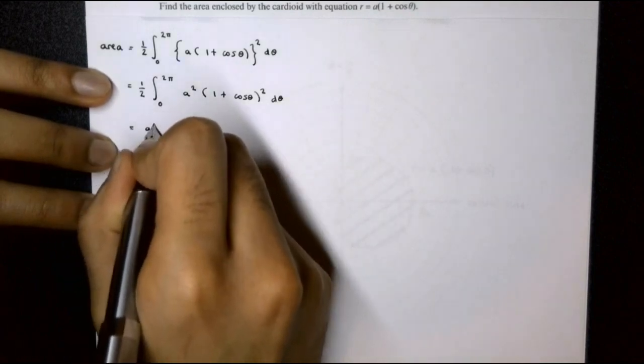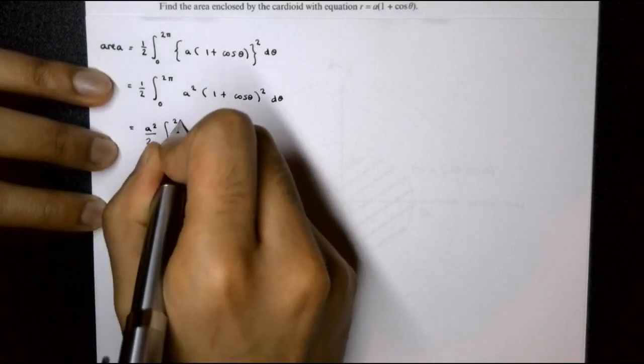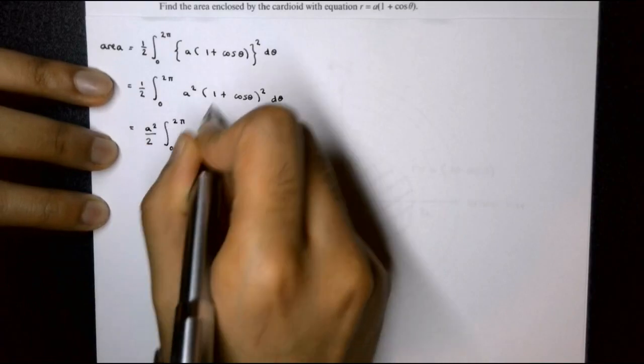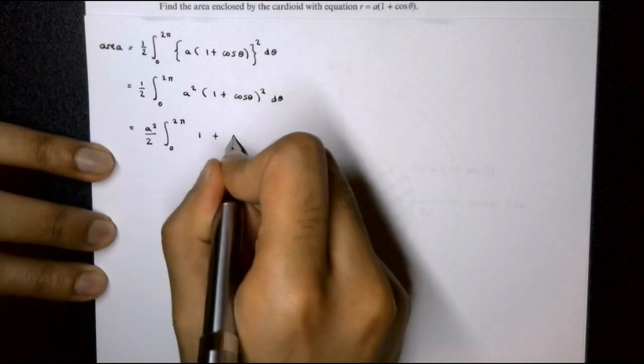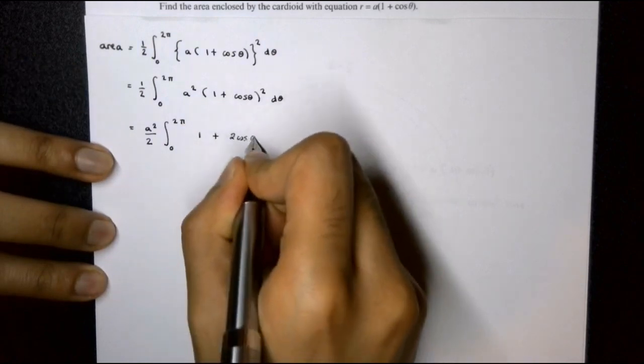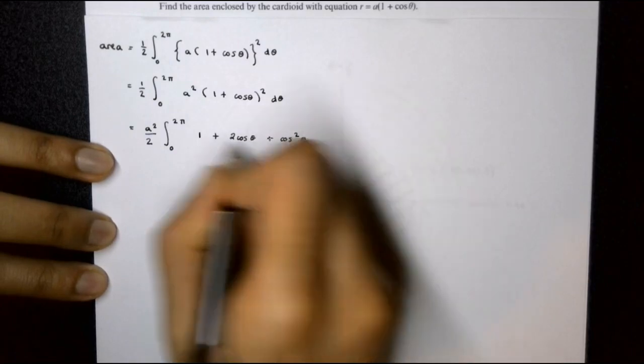we have a squared over 2 lots of the integral from 0 to 2 pi and 1 plus cos theta all squared, that's 1, plus 2 cos theta plus cos squared theta.